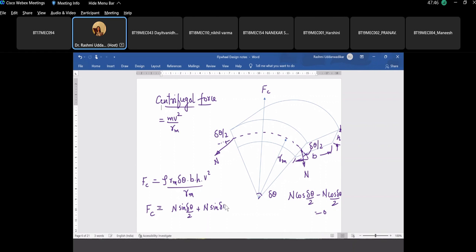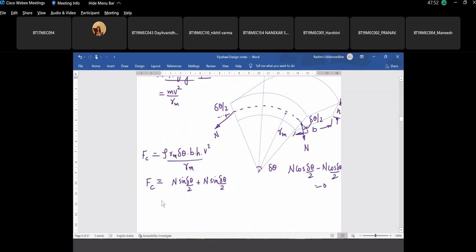So the normal reaction is 2N sine delta theta by 2. So this is from the standard formula and this is from the force balance equation.